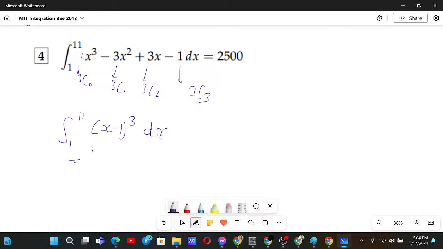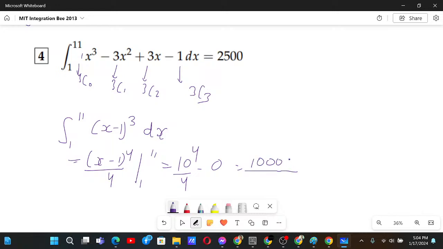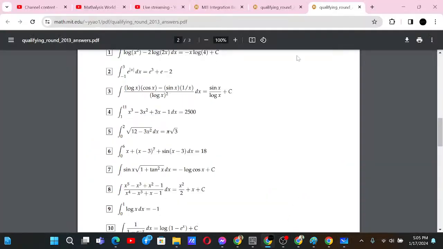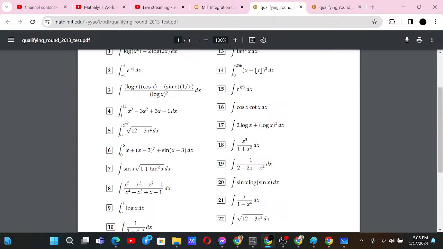Now this is easy, use just the normal integration techniques. That gives us power 4 by 4 from 1 to 11. That gives us 10 to the power 4 by 4 minus 0. So that gives us 1, 0, 0, 0, and another 0, 4 zeros by 4. So there's 25, 0, 0. So 2500 is the answer.